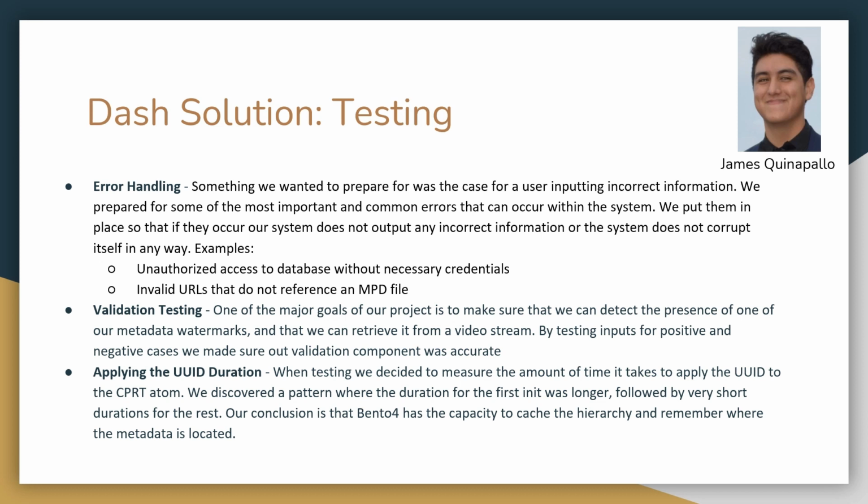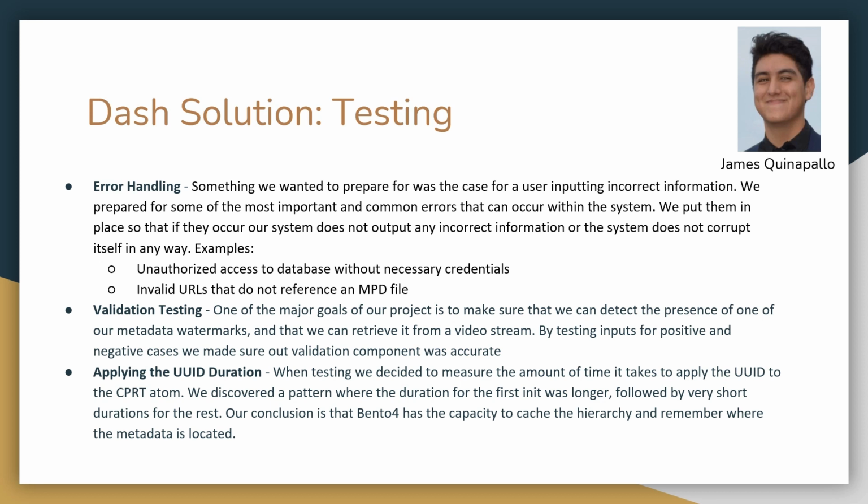Another form of testing we did on our Dash solution was to test the duration of time it would take to apply the UUID to the CPRT atom. While doing this, we discovered a pattern that we initially did not understand, which was that when the system would apply the UUID to the first init file, it took a longer amount of time than it did when it applied the UUID to the following init files for the same video stream.